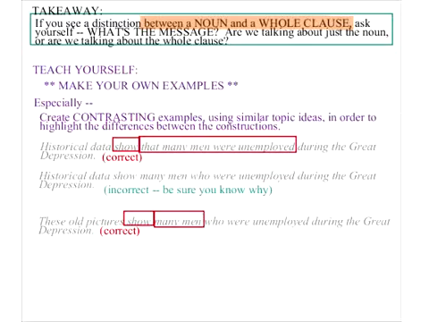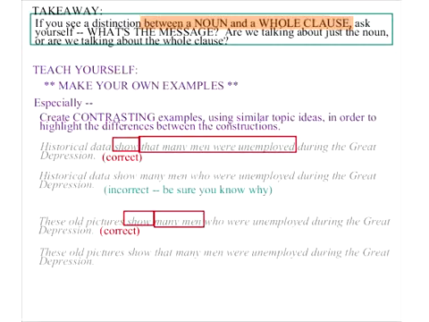You can't have data that show people, because that's what pictures do. Also, these old pictures show that many men were unemployed during the Great Depression. This is also not reasonable, because a picture can't show that someone doesn't have a job. So, not a reasonable meaning. It helps to construct your own examples from these kinds of things.